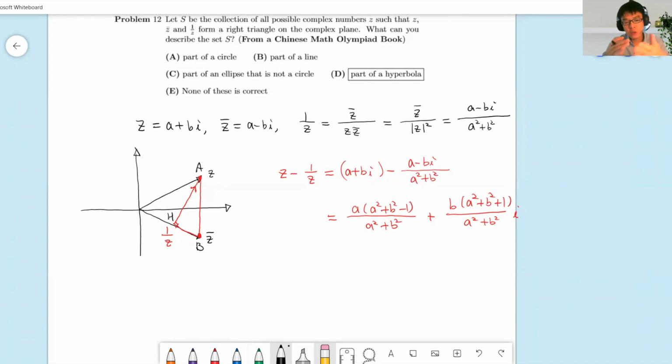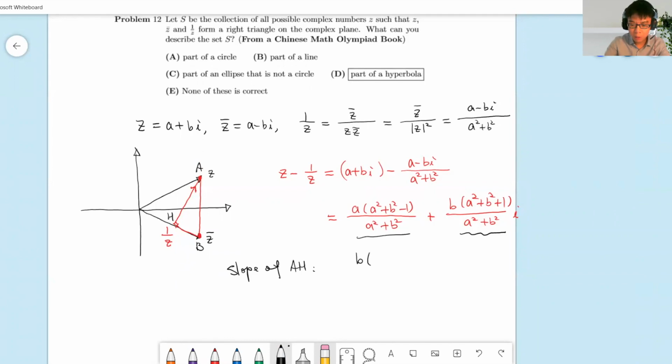We can use the perpendicular relation using the slopes of the two lines connecting the points. The slope of AH is the quotient of the imaginary part and the real part, so we can ignore the denominator.